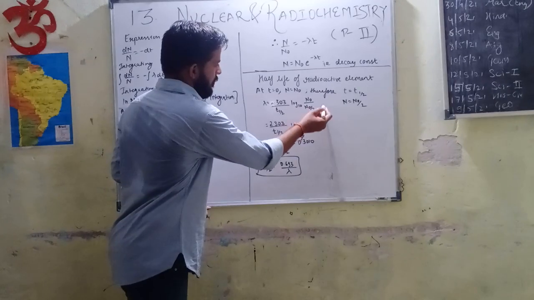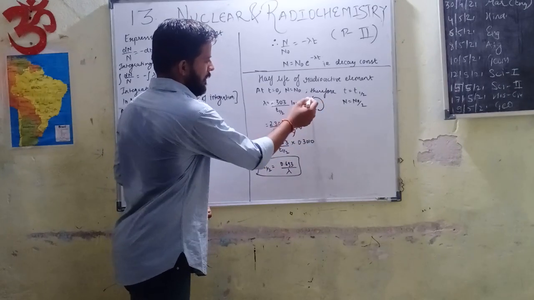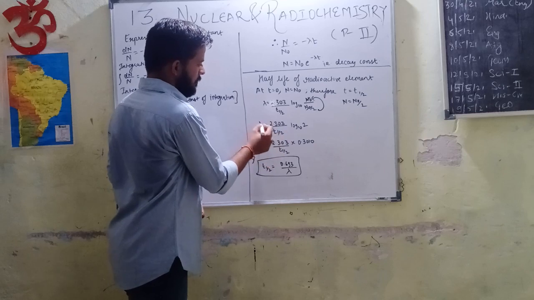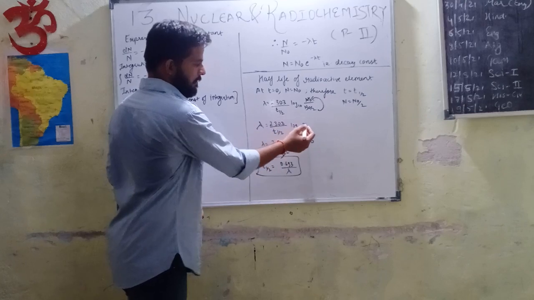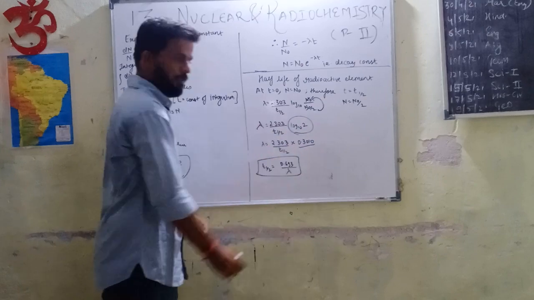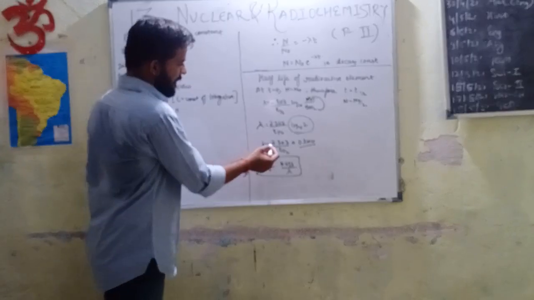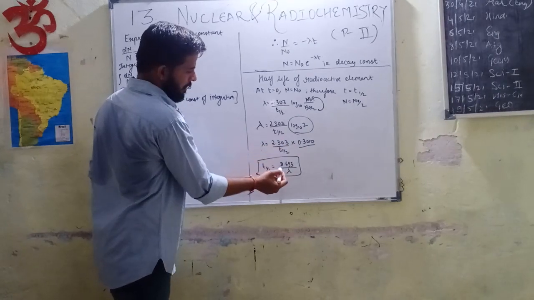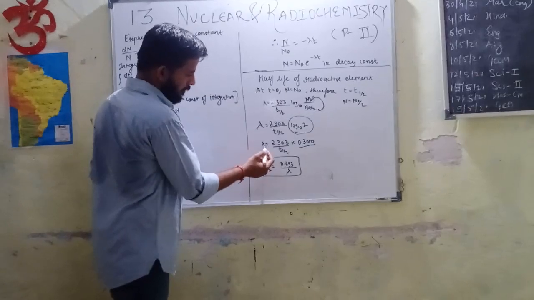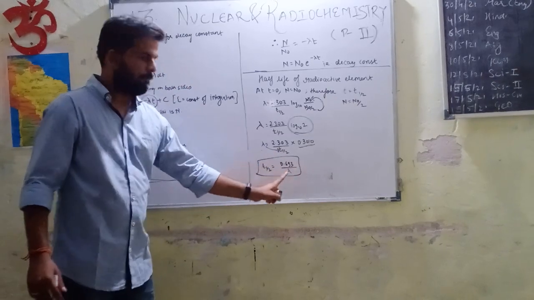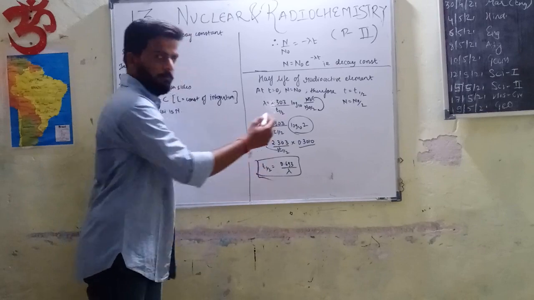Now this 2 goes up here, and n0 and n0 get cancelled. 2.303 t half is log to the base 10 2. We have the value for log to the base 10 2, that is 0.3010. Lambda is equal to 2.303 by t half; if we multiply this, we have 0.693. So the value for t half is 0.693 by lambda.